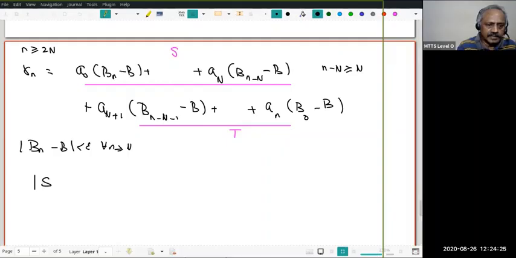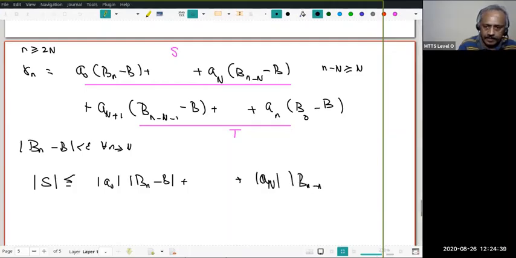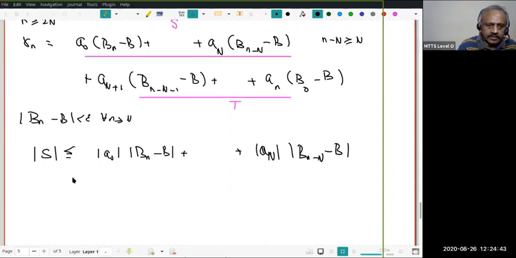So I want to know how to estimate S. Mod S, an obvious estimate, is less than or equal to mod a naught into mod bn minus b, plus and so on, plus mod aN into mod b of n minus N minus b. Is that okay? Now this is less than or equal to epsilon, because each of the b terms is less than epsilon, times mod a naught plus up to mod aN.